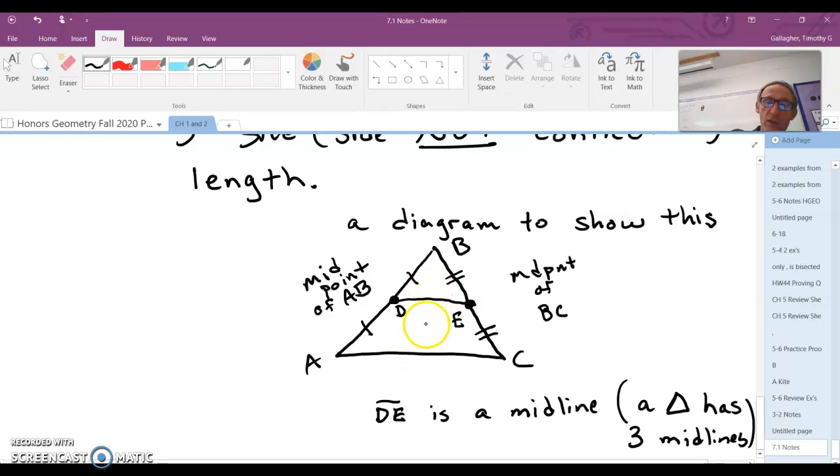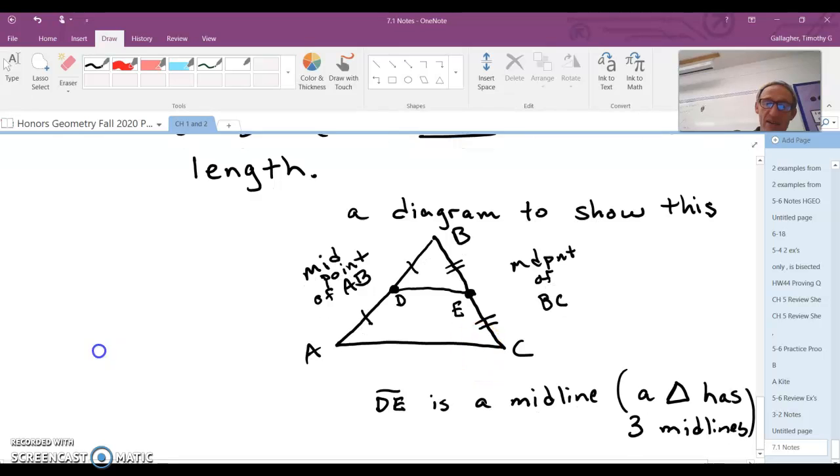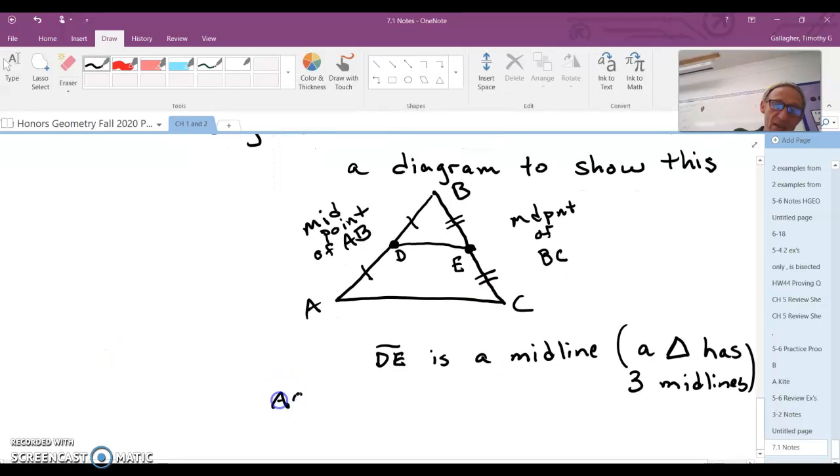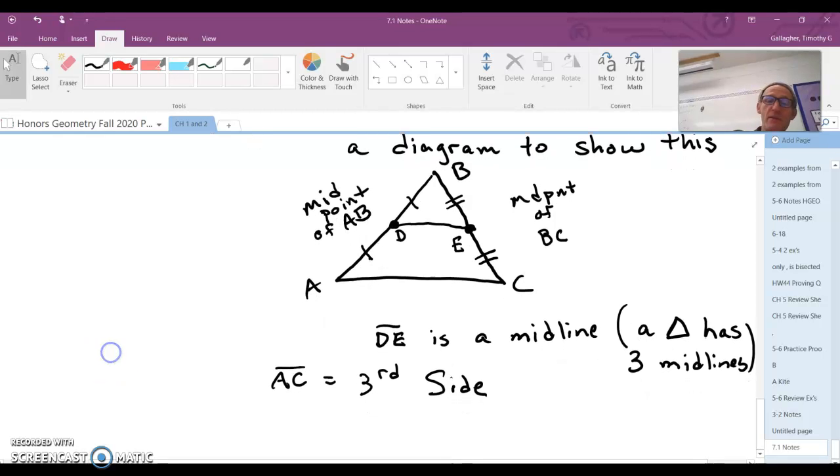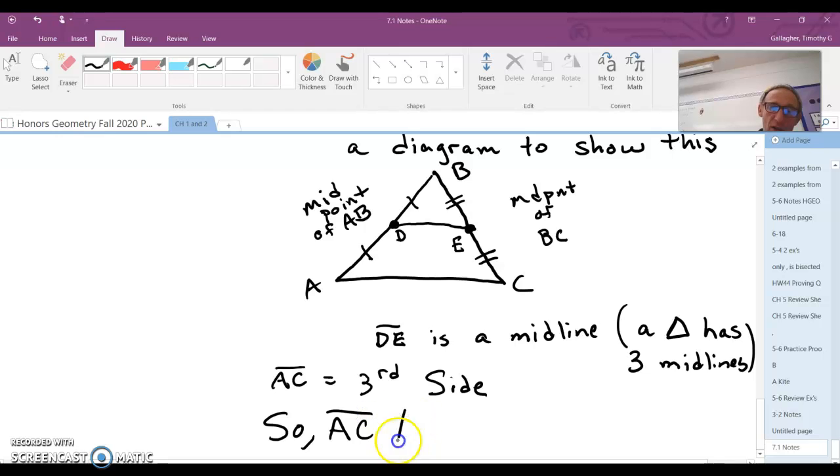It's two things. It's parallel to the third side, which is AC. So AC is the third side. AC is parallel to DE because DE is a midline.